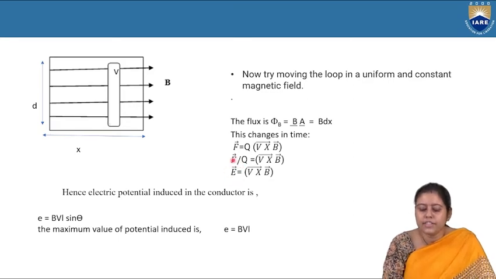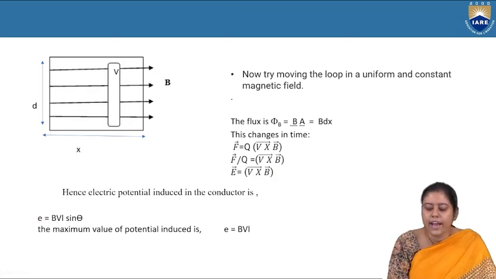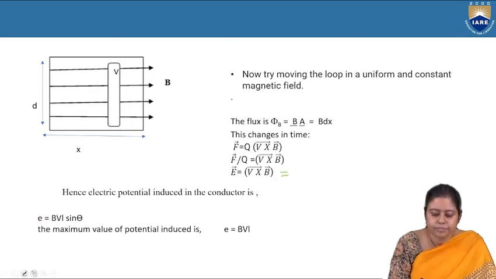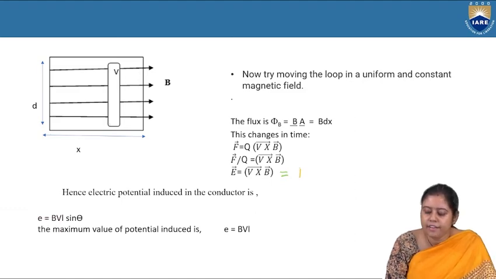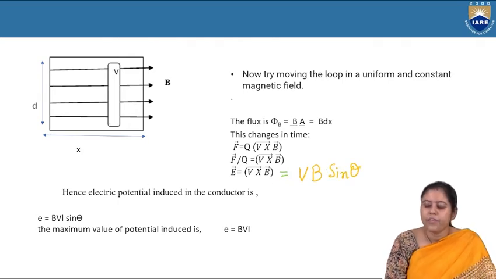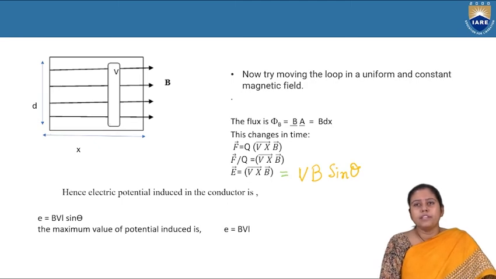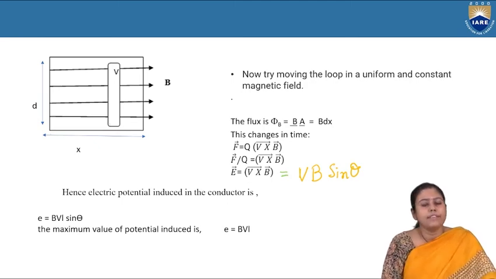So the field intensity is V cross B, which we can write as V B sin theta from the cross product.